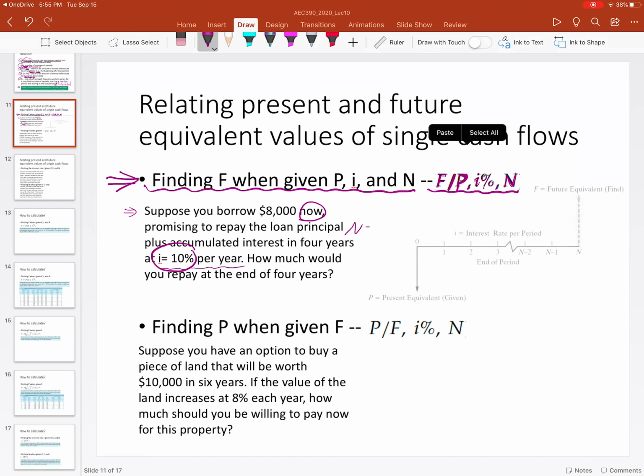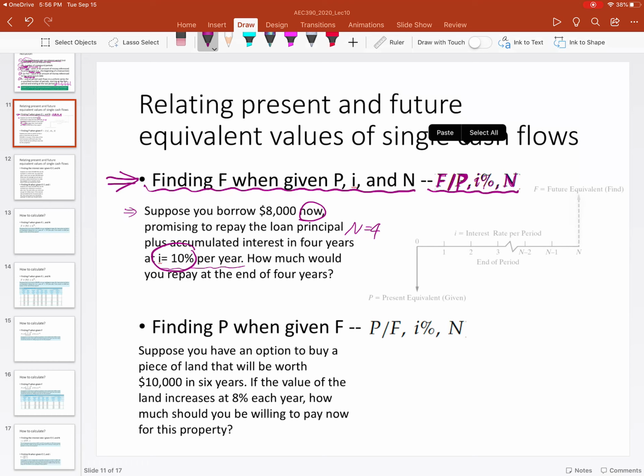The rate is 10%. So N is given as 4 and I is given as 10%. Then your question could be, how much would you repay at the end of the 4th year? So you're looking for the future equivalent of this cash flow, right?